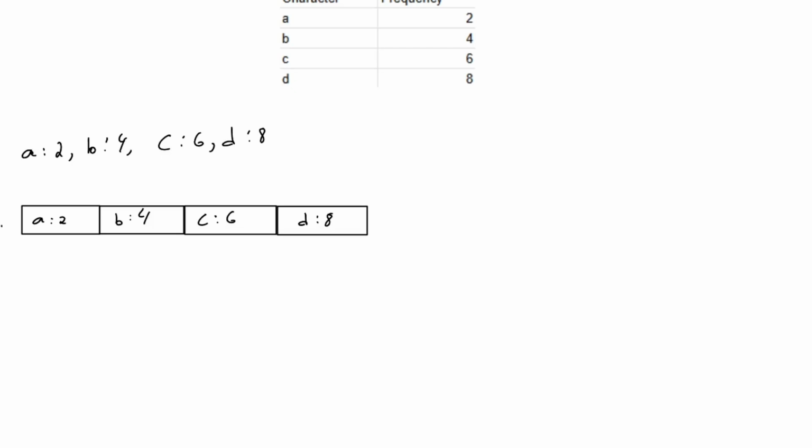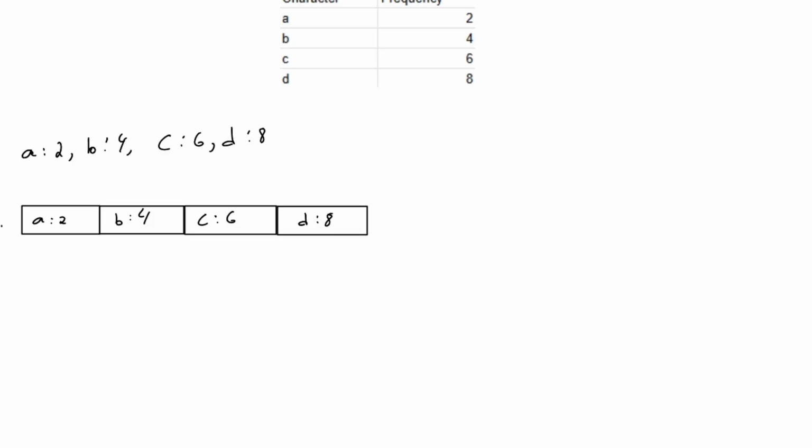The second thing I want to do here is combine the lowest two characters. In this case I have A and B, which are the two smallest. So let's combine them into one node, and we're going to call it AB6.